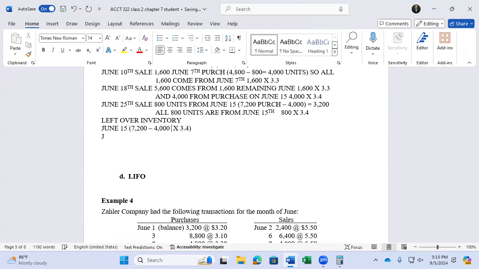I didn't get to finish here. So how many do we have left over? 2,400? 3.4 will give us that ending balance.